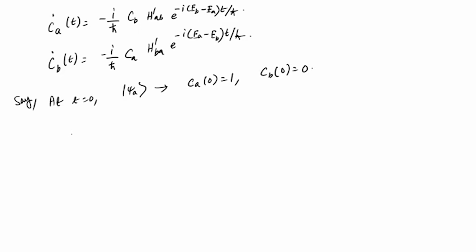Now, at time t, say the system is found in psi B, then C B at time t is nonzero while C A at time t equal to 0 was 1.